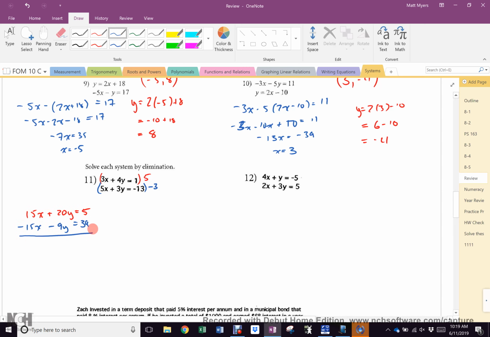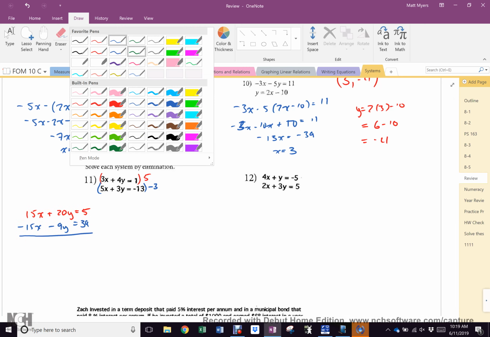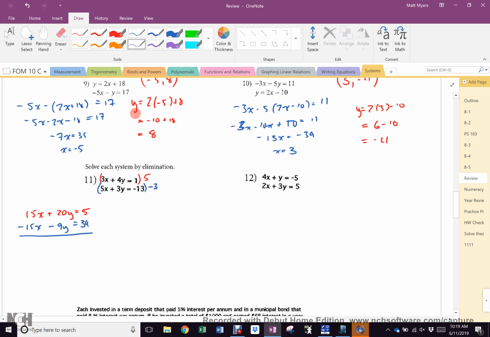Then I add them. 20 minus 9 is 11y equals, 5 plus 39 is 44.